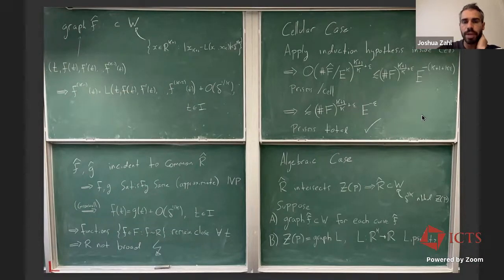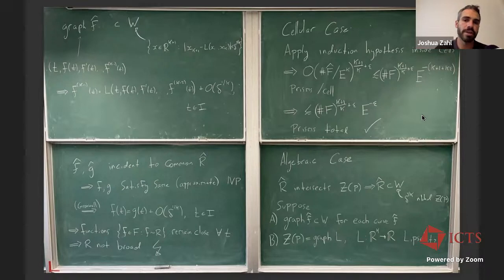But if you remember when I drew that picture of what it means for a rectangle to be narrow, well, I was a little bit vague because I only drew a picture, but what was happening in that picture was I had a whole bunch of functions all tangent to this same rectangle R, and they remained close to each other after they left R for pretty much the entire time interval. So if the situation that's being discussed on the bottom left board is happening, it means that this rectangle R is narrow, it's not broad.